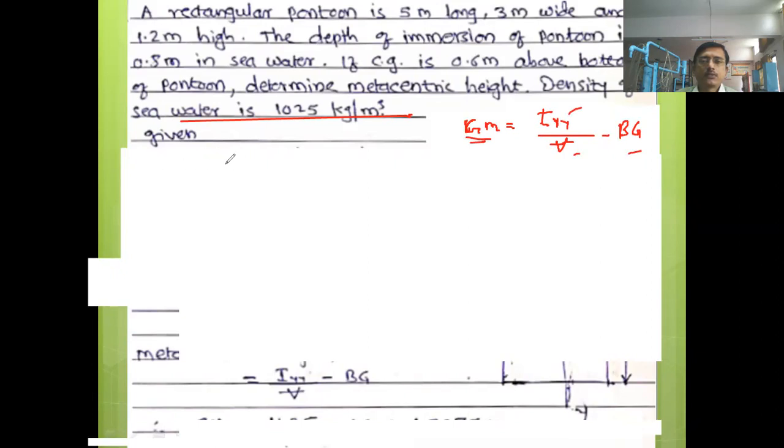Okay. So now how to find out this volume of water displaced by the object? They have given us the dimensions of the object, the floating body, that is the pontoon, and also they have given the depth of immersion. So from this data given, can anyone tell me what will be the volume of water displaced? कोण सांगू शकेल का?